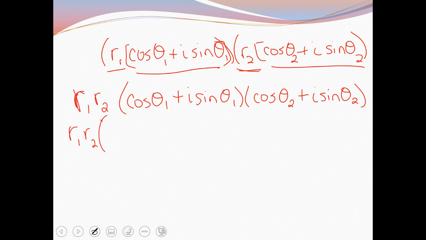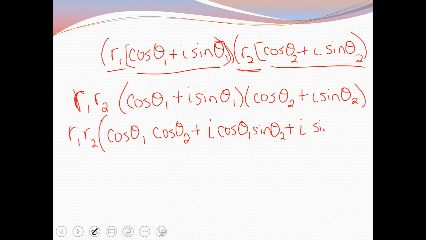And then all of this, you would have cosine theta 1 cosine theta 2, plus I cosine theta 1 sine theta 2, plus I sine theta 1 cosine theta 2, plus I squared sine theta 1 sine theta 2.